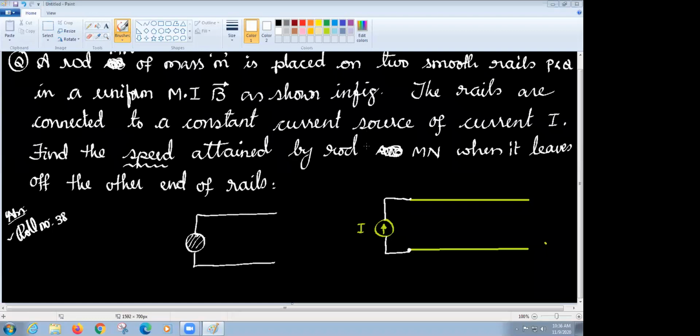Someone else. Bal Gangadhar, is he there? Roll number 13. Are you there? Sir, I could not see you. Where are you, man?